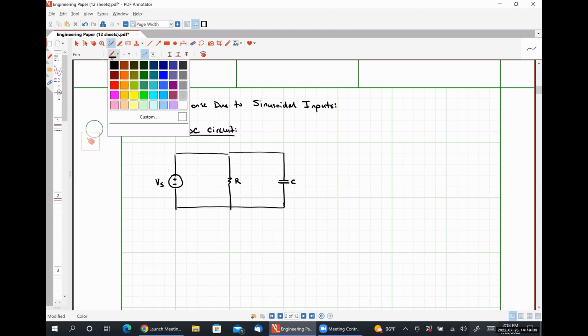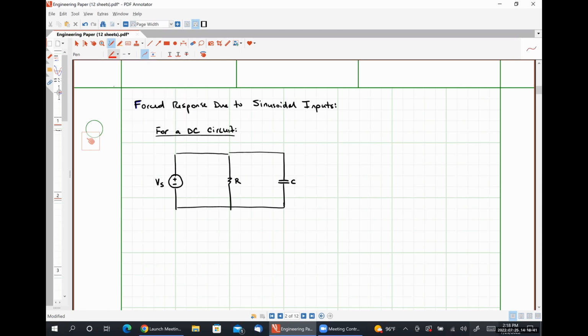And I want to know the response of this system, which I have determined will be the current I leaving the voltage source, okay?